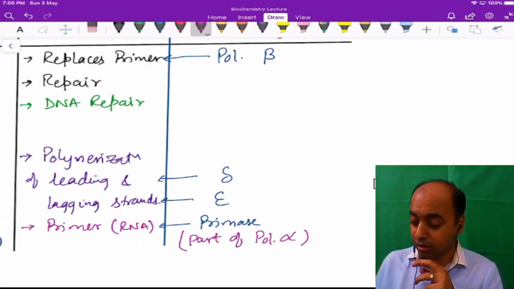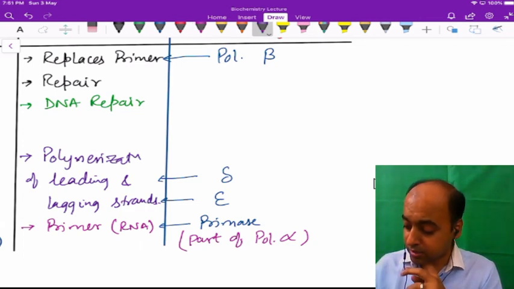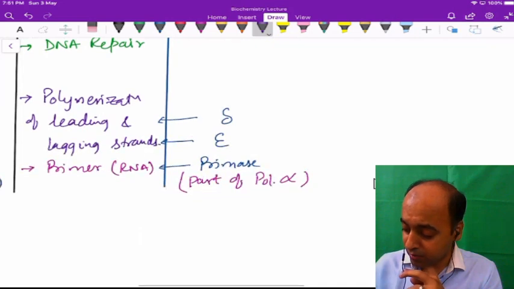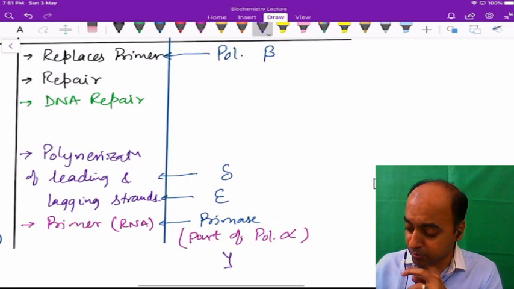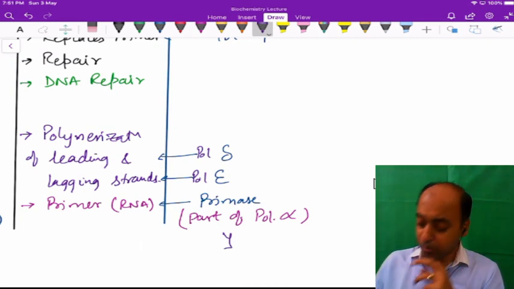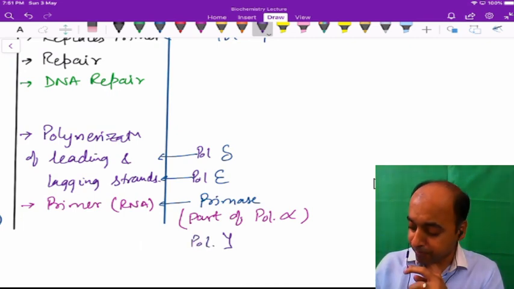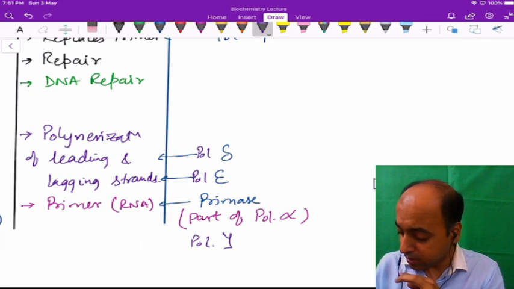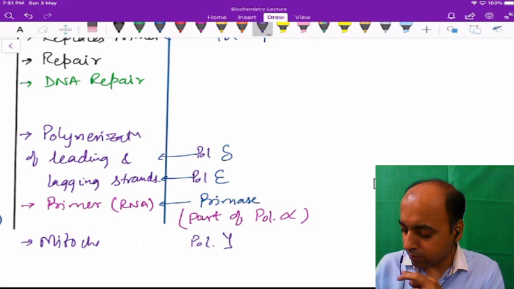What happens to gamma? So let's see what happens to gamma. We have the polymerase gamma. All of these are polymerases, please note. So polymerase gamma, this is the mitochondrial DNA polymerase.